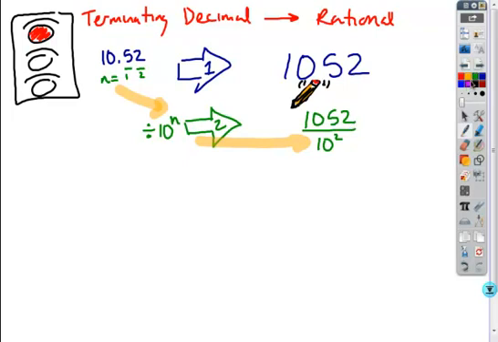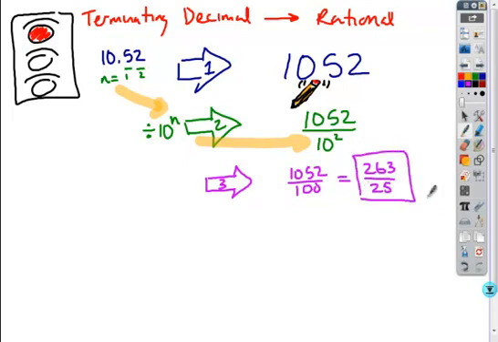Your final step is just to simplify. And when you simplify 1052 over 100, cancel common factors, and you get 263 over 25. Okay, and so this is your rational form.